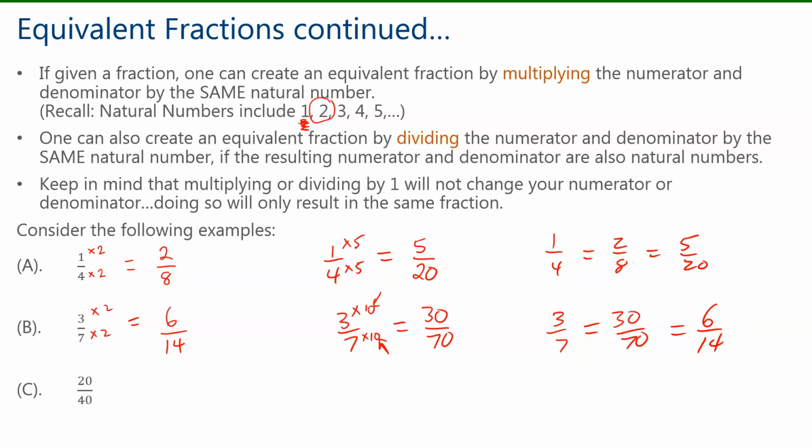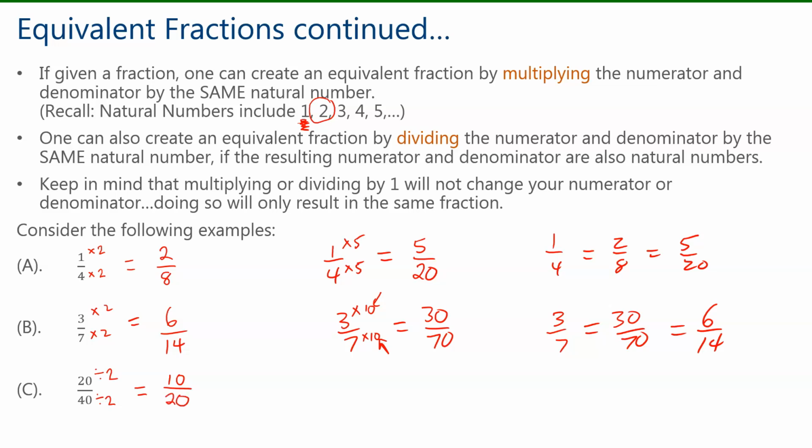Now, thus far, I've only multiplied, and there's been a reason for that, and that's because with 1/4 and 3/7, I cannot divide by a nice natural number and create an equivalent fraction with nice natural numbers. With 20/40, though, that changes things. If I look at 20 and 40, I could, if I wanted to, divide numerator and denominator by 2. 20 divided by 2 is 10. 40 divided by 2 is 20.